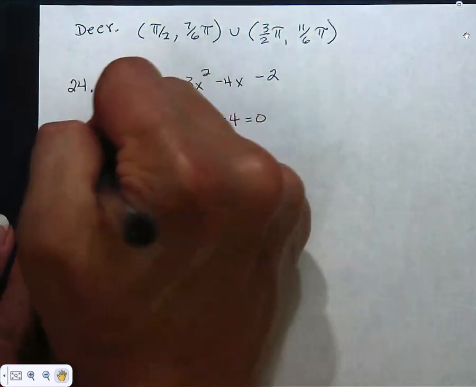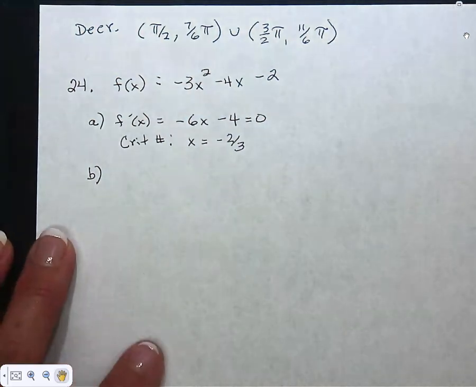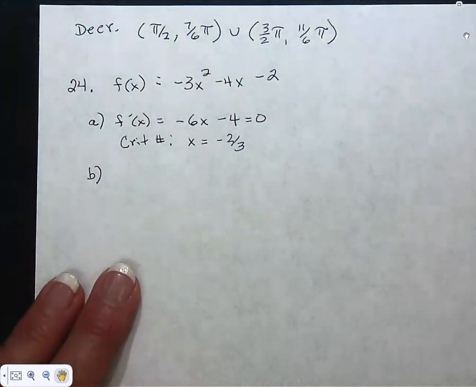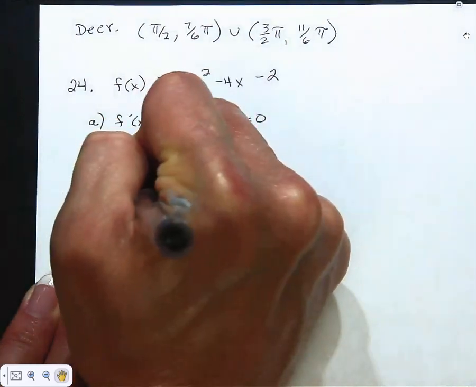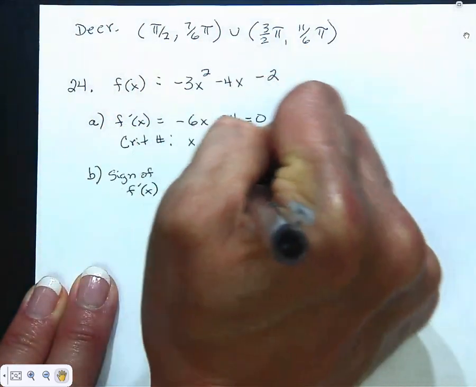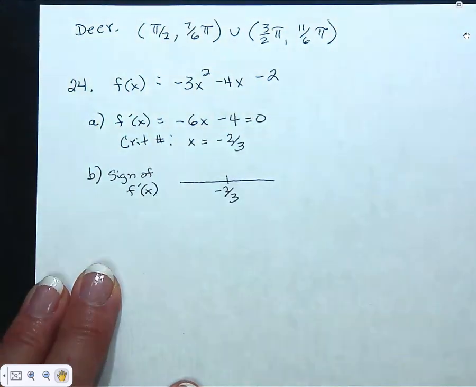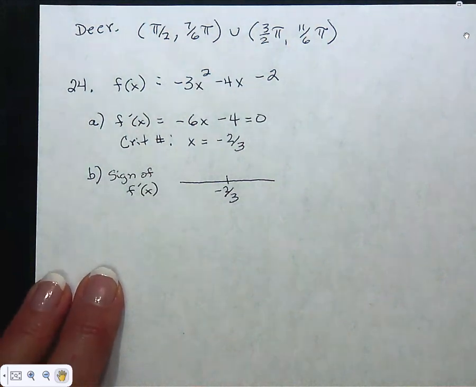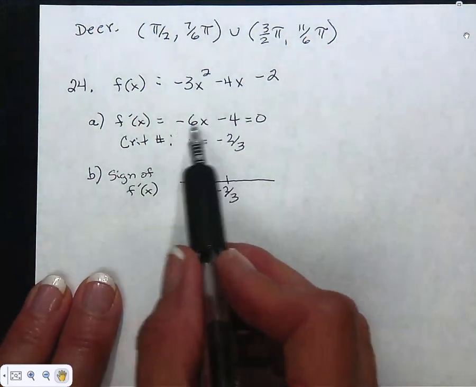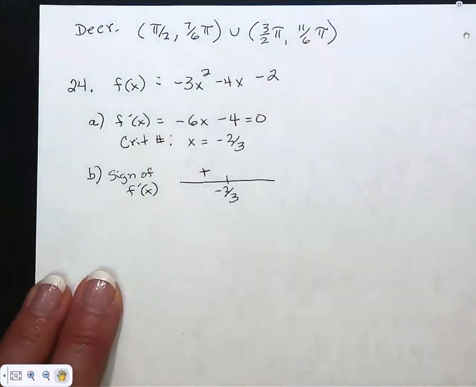The B part says find the increasing and decreasing intervals. How do we do that? Set up a number line, look at the sign of the derivative to the left and to the right of -2/3. So what's your favorite number to the left of -2/3? -1. -6 times -1 is +6. 6 minus 4, I don't even care what it is, positive.